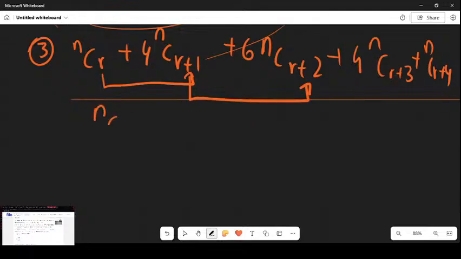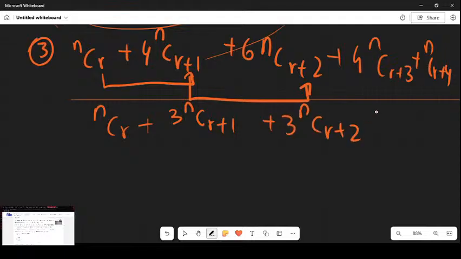And in the denominator we have nCr plus 1, nCr plus 2 plus nCr plus 3.